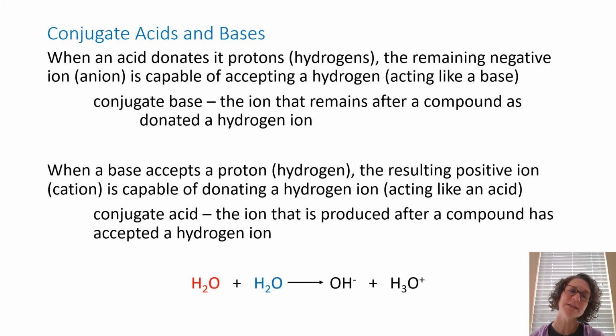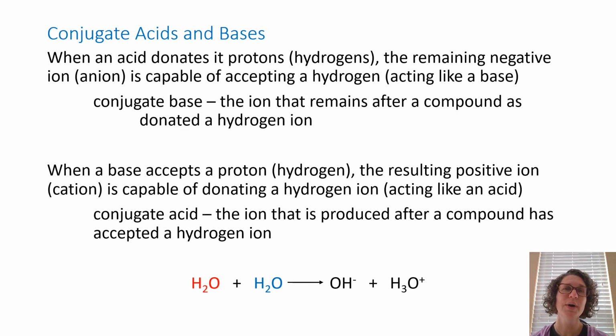Okay, and then the last thing as far as naming or defining or identifying acids, you have conjugates. As if just figuring out the normal ones aren't enough, we've got some conjugates. So when an acid donates its hydrogens, the leftover, the remaining ion, which is always negative, could then actually accept a hydrogen because positive and negative would be attracted to each other.